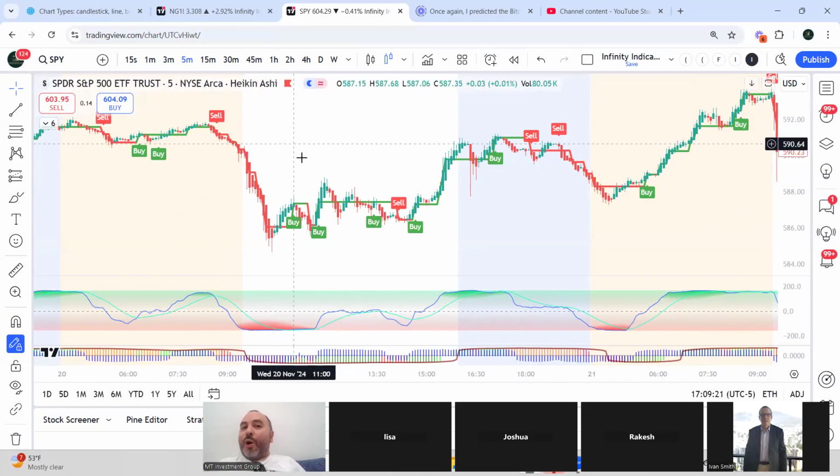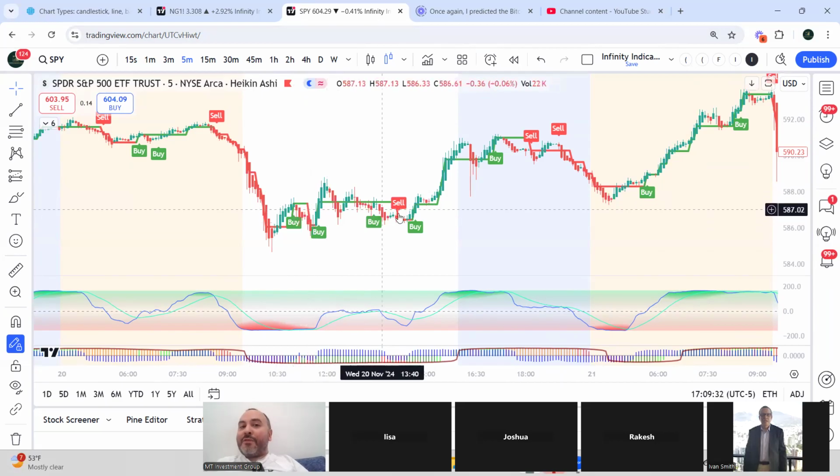It would look at the 1 hour chart and see if the infinity indicator is on a buy signal. In that instance, it's on a buy signal, so it would only give us buy signals. We would get this buy signal, this buy signal, this buy signal, and we would not get this sell signal. And we would then get this buy signal, all in the exact same spots. You would get the buy signal, but it would just take that sell signal out.